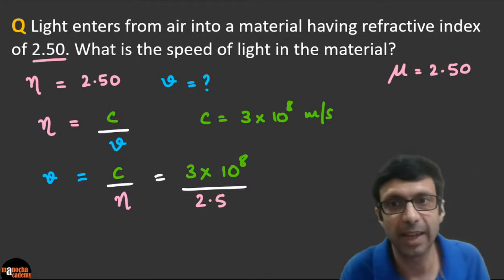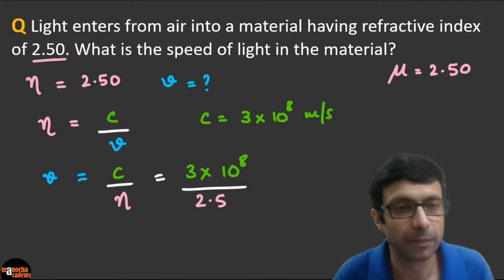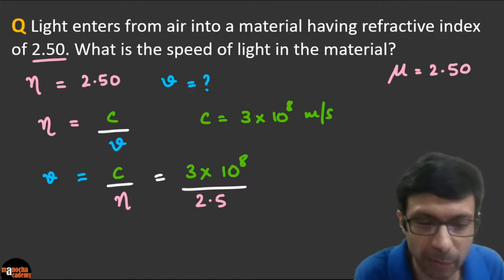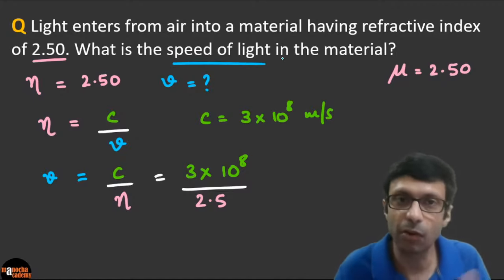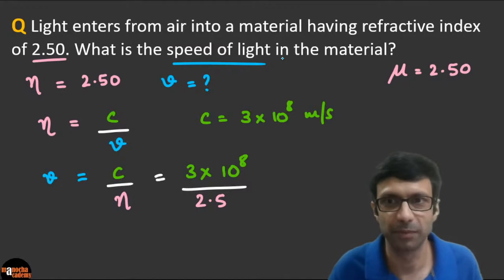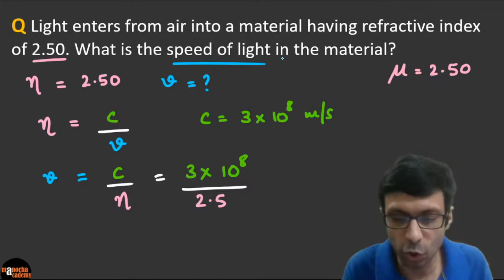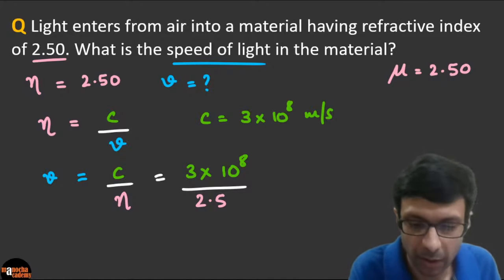So all of you, please calculate that and find that for me. What do you think the answer is going to be? Come on, guys, please try. You need to find the speed of light in the material, which has a refractive index of 2.5. It's always good to separate that 10 to the power thing away.